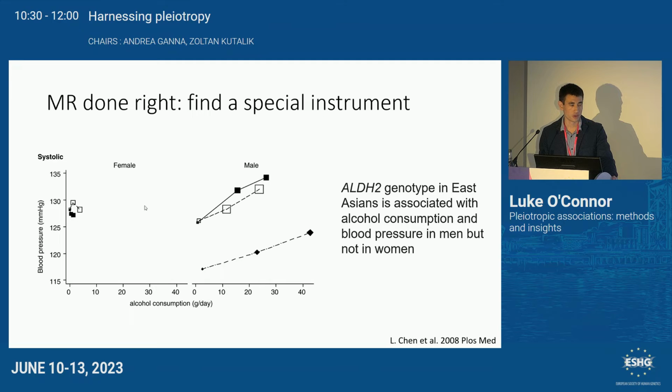But there is no effect either on alcohol consumption or on blood pressure in women, which is encouraging because if there were a pleiotropic effect, unless it were some sex-specific effect, you would expect to see some sort of vertical relationship here, where these variants are associated with blood pressure in women as well.